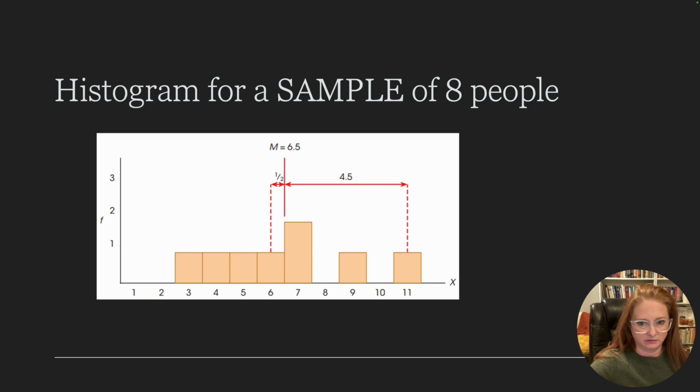What are we looking at here? We don't even know. Number of siblings, we'll say. We just didn't have anybody with 8 siblings in our group. We had someone with 11, someone with 3. The height of the bar still corresponds to the frequency. So we had 2 people that had 7 siblings, 1 person that had 9. So it works for a sample just like it works for a population.